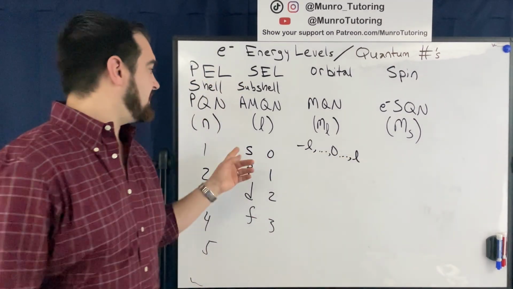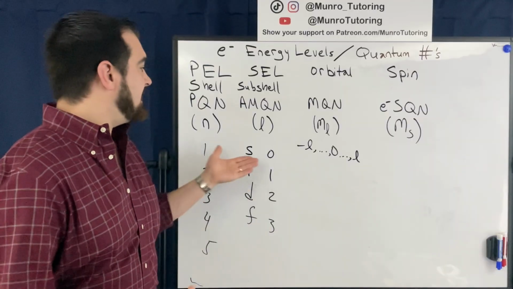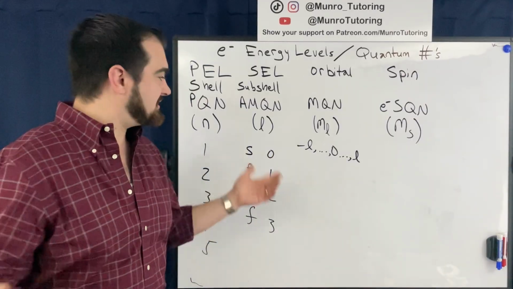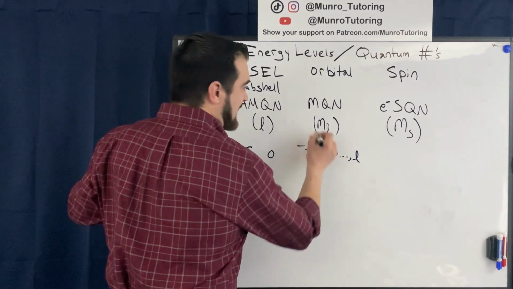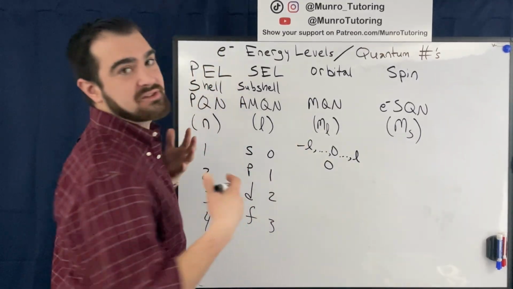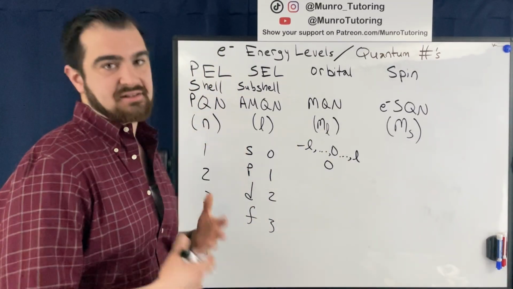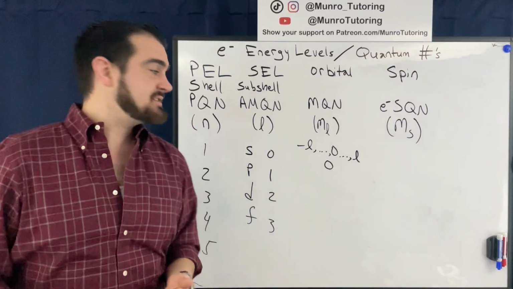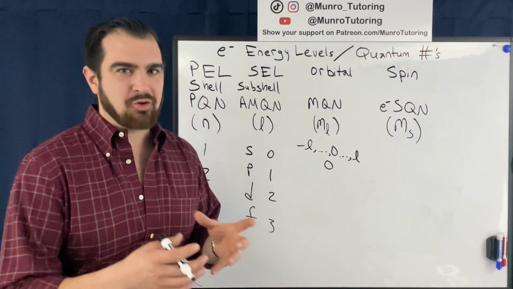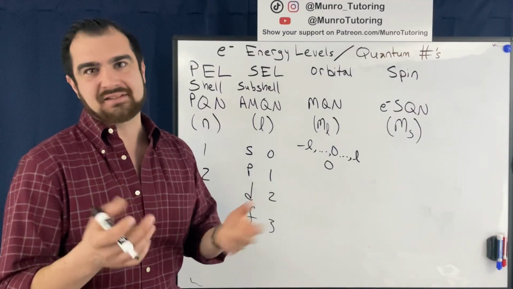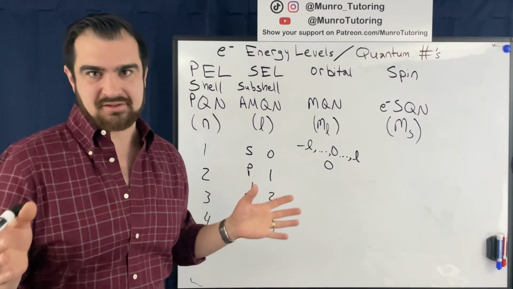And so for S, -0 is just 0. So the m sub L value can only be equal to 0 for an S sublevel because there's only 1 orbital. And we're just labeling that orbital as 0. That's its name for this purpose, okay?